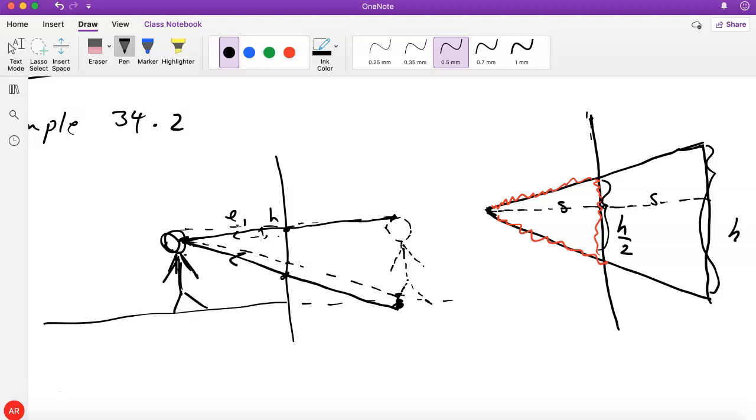And then what is that right place? Well, we know that if this is the image of the top of your head, so that's the top of your head, this is your eye here. So that distance we called L1. Therefore, again, now this triangle is similar to this triangle.